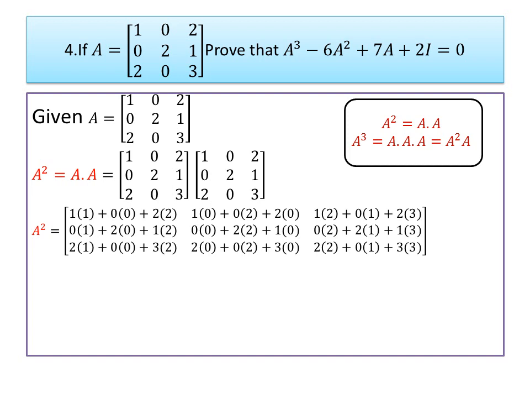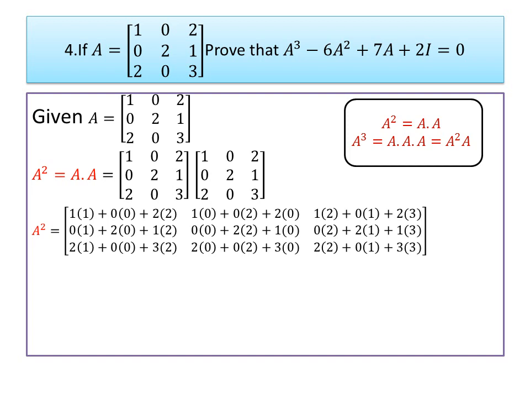1 into 1 plus 0 into 0 plus 2 into 2. First row to the second column elements: 1 into 0, 0 into 2 plus 2 into 0. First row to the third column elements: 1 into 2 plus 0 into 1 plus 2 into 3.